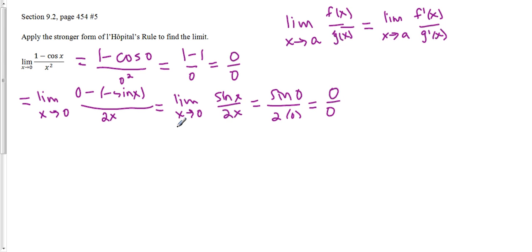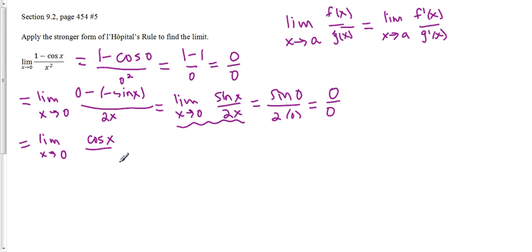But because this is a limit, and that's why we're using the stronger form of L'Hopital's rule, I can apply L'Hopital's rule again. So let's take the derivative of this, and again, it's going to be the limit as x goes to 0 of, and what's the derivative of sine x?